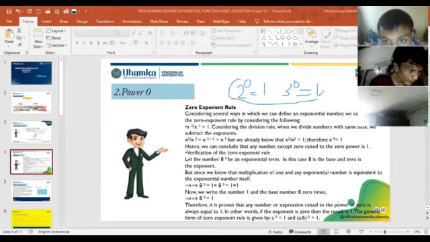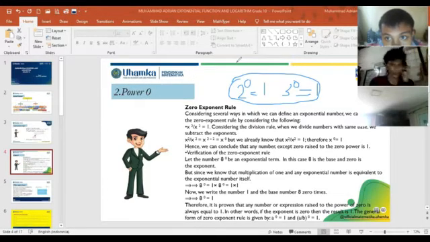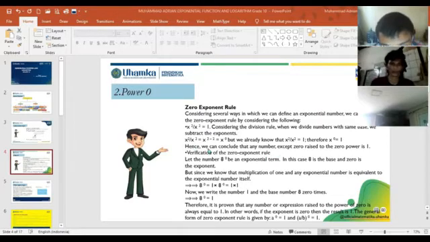So these are examples of zero exponent, power 0. Hence we can conclude that any number except 0 to the 0 power is 1.